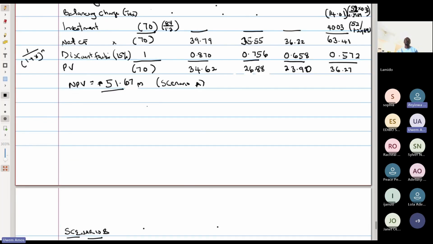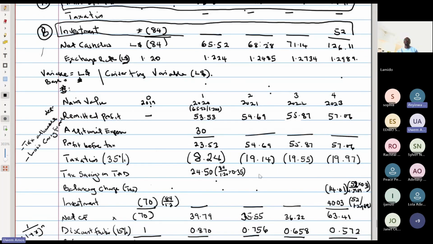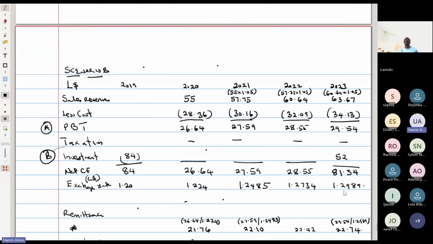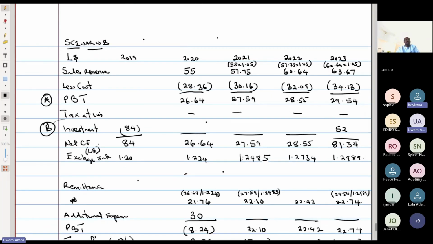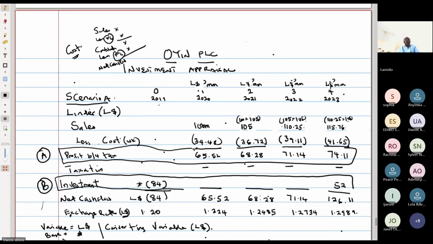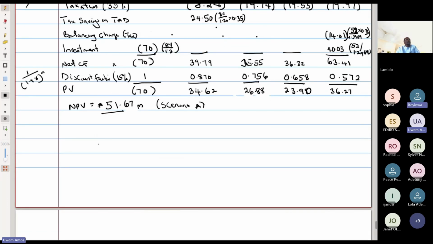We basically copy the same thing for scenario A and scenario B. So that is 14.01. I'm just copying it down. It's the same thing for both scenarios. If it were different, we'd use the new value. But because the only thing that changes is just the cost and revenue, every other thing remains the same. Okay, so this is the charge or tax. Our investment. We bring that down from scenario A. It doesn't change. So we have our investment from scenario A at 70 and 40.03.